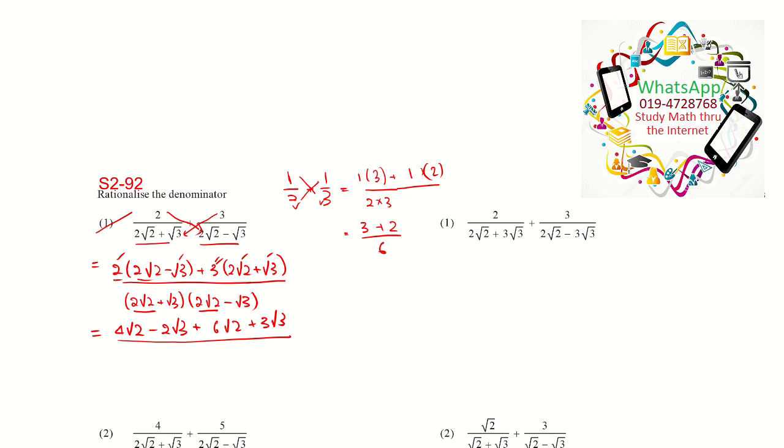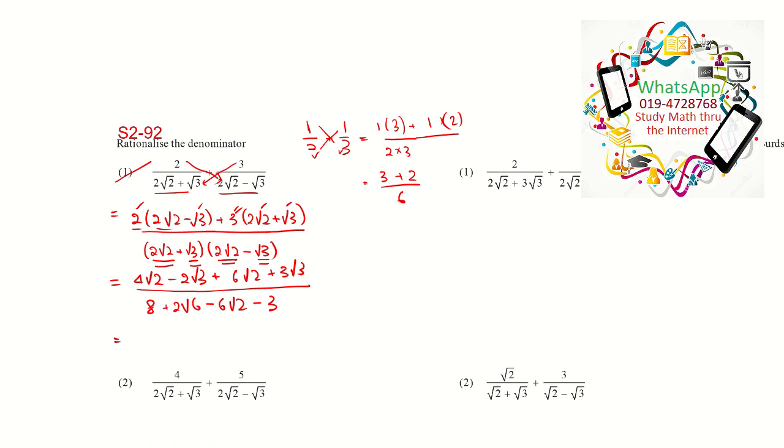It means 2 times 2, 4, 4 times 2, 8. This times this, okay, you get 2 root 6. Okay, then this times this minus 6 root 2. Okay, then this times this goes to minus 3.